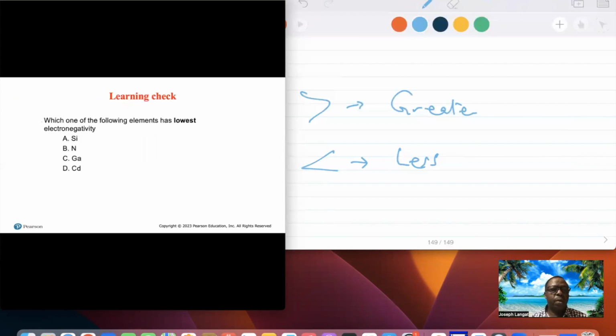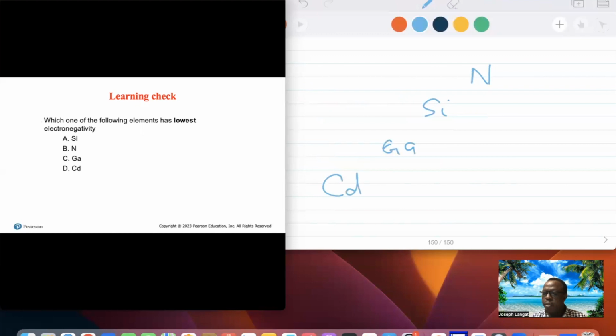Now, which one of the following elements has the lowest electronegativity? Again, you need to circle them on the periodic table. The correct answer for this is D. Look at where it is on the periodic table: nitrogen is on this side, followed by silicon in this pattern, and this is cadmium.